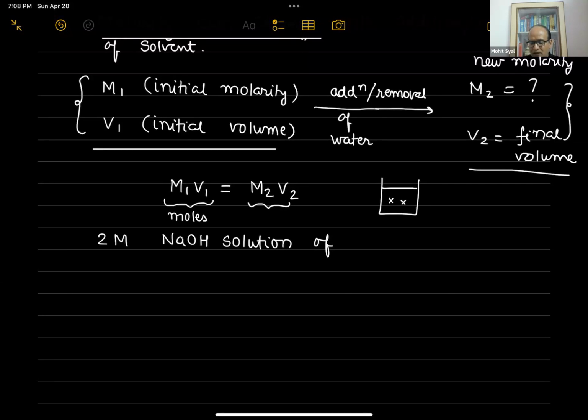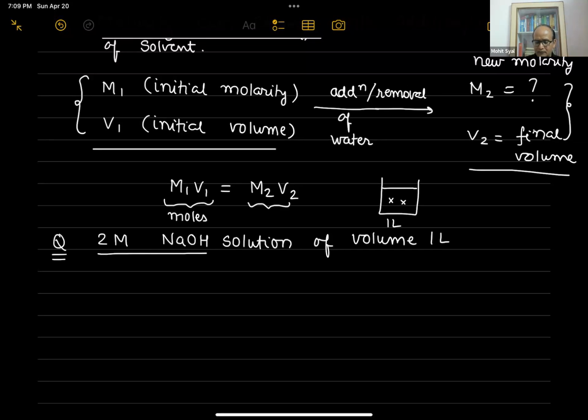Suppose these are the moles of NaOH. Understand it in the picture. There are two NaOH moles. A 2 molar NaOH solution of volume 1 liter. This is 1 liter solution. Got it? 2 moles are represented by 2 stars.